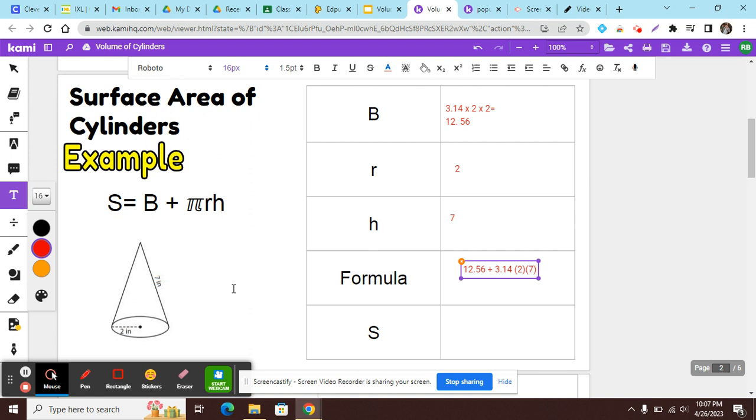When I plug that into the calculator, I do 12.56 plus 3.14 times 2 times 7, and I get 56.52 as my surface area.